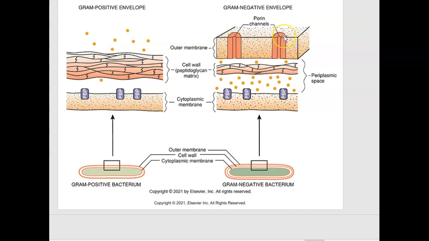As a result, only certain penicillins, such as ampicillin, are able to cross it and thus reach the PBPs on the cytoplasmic membrane. So if we are empirically treating an infection and we give a penicillin, and then we find out that it's a gram-negative bacteria, we may find that the penicillins aren't effective.